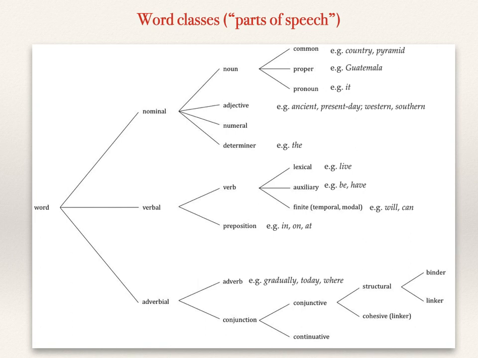But they can be grouped on a functional basis into very broad superclasses. So noun, adjective, numeral, determiner into nominal words, verb and preposition into verbal words. Note that prepositions are in fact verbal words.